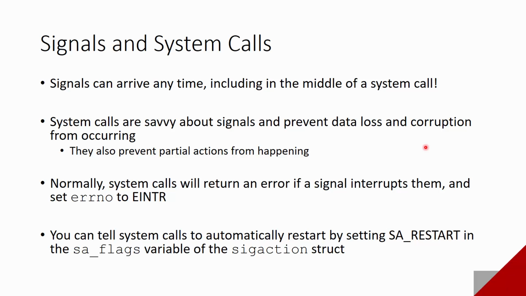So normally, system calls are going to return an error if a signal interrupts them, and they'll set errno to that standard EINTR value. They're pretty good about not corrupting things. They just stop and they let you know what happens. System calls return with an error. And you can tell them then to automatically restart by setting a particular flag inside that flags variable that we talked about earlier in the sigaction struct.